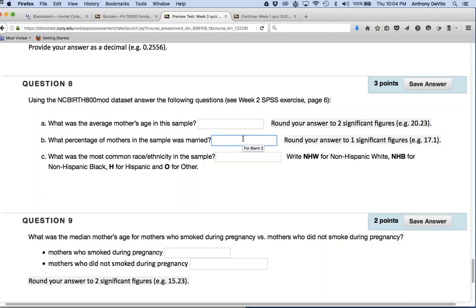Move that variable into the analysis box, say OK, and it will give you the number of women that are married, the number that are not married in this population, and the percentages, right? So that would do that for you.